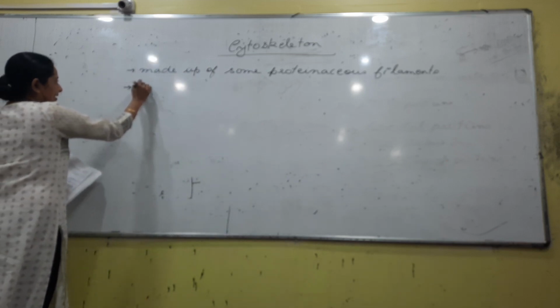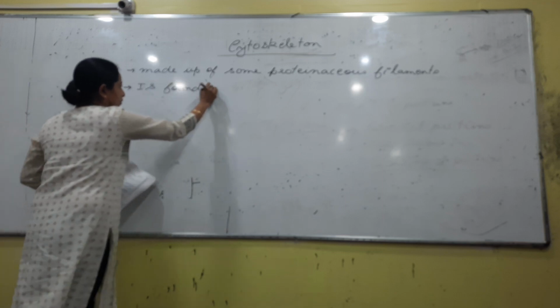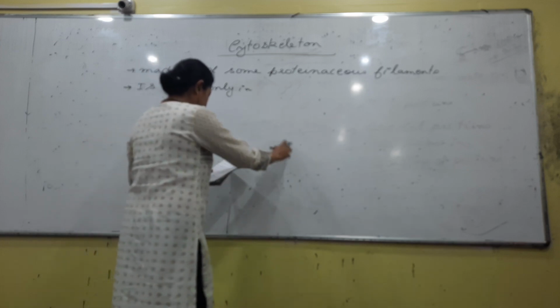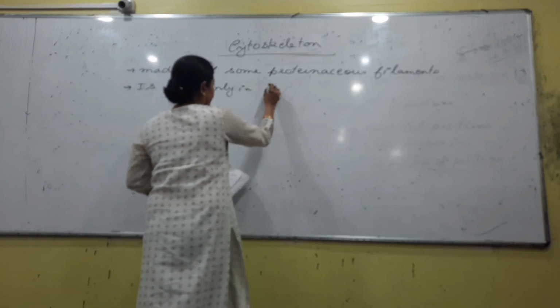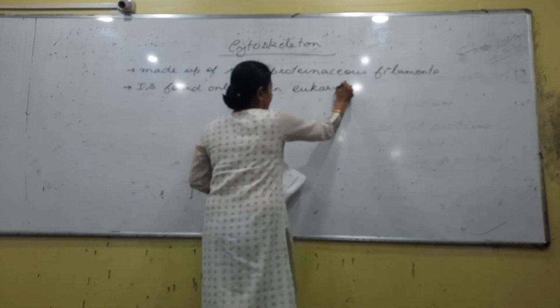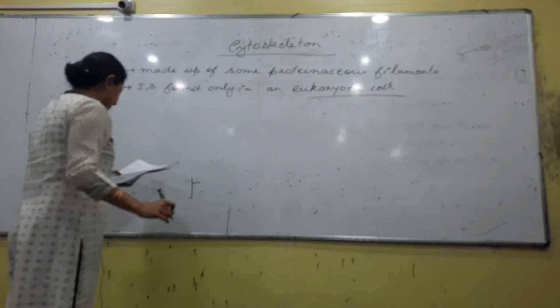Cytoskeleton is found only in, ami cytoskeleton code dekha pam, eukaryotic cell, prokaryotic cell or dekha na pam.